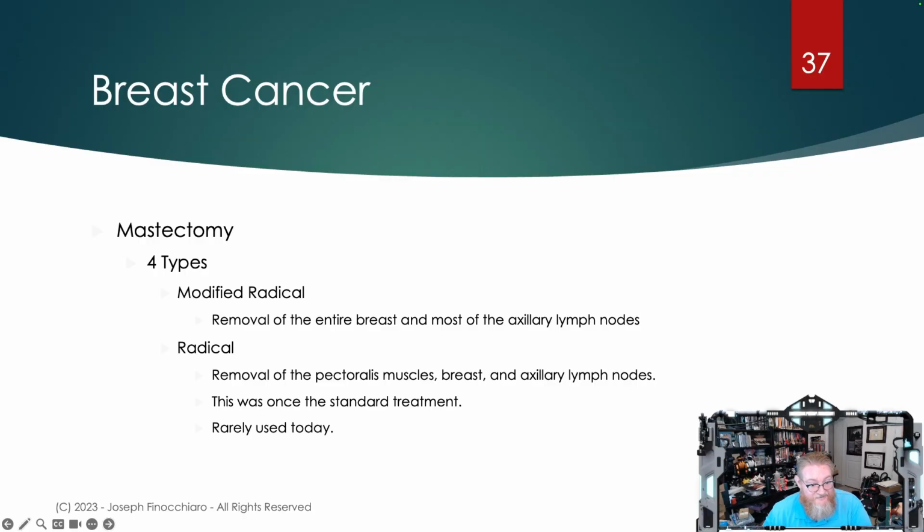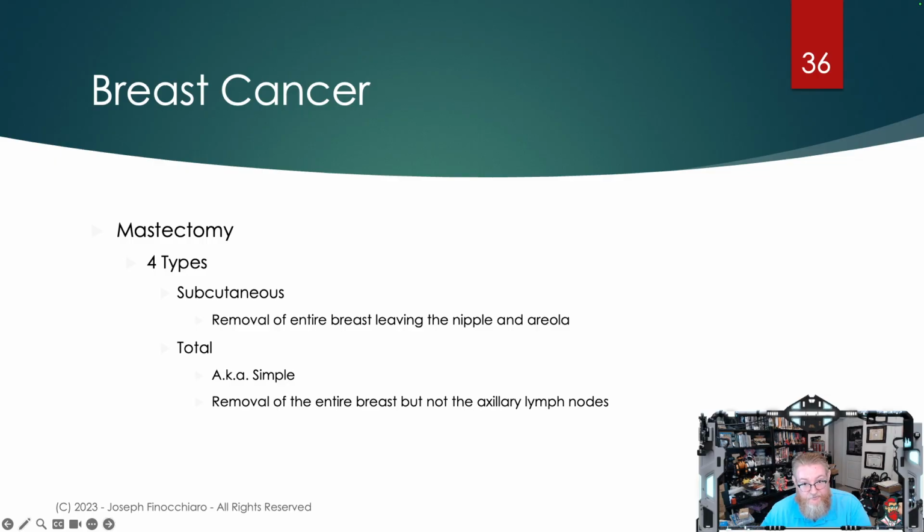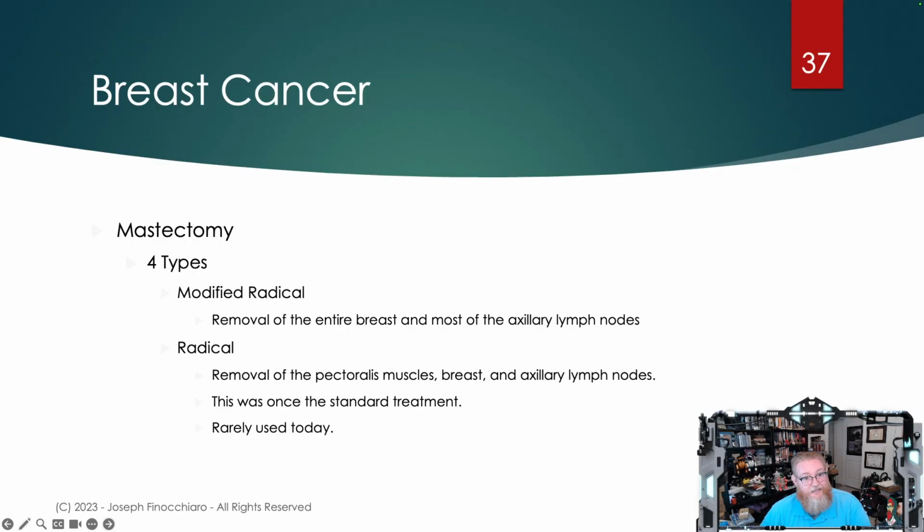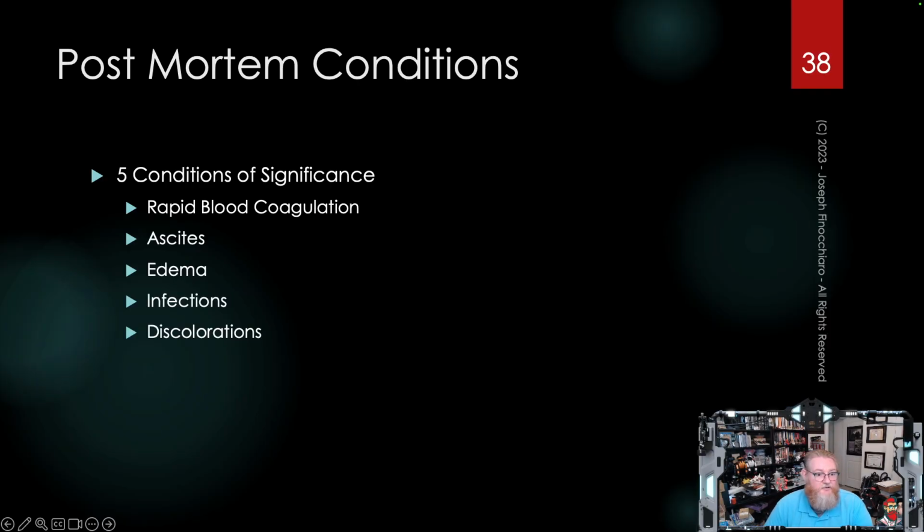This was once the standard treatment, but in modern medicine, it is rarely used because of the damage it causes to the body. So in basically order of progression, the subcutaneous is the least invasive. It then goes into a simple or total mastectomy, a modified radical, and finally, radical mastectomy.